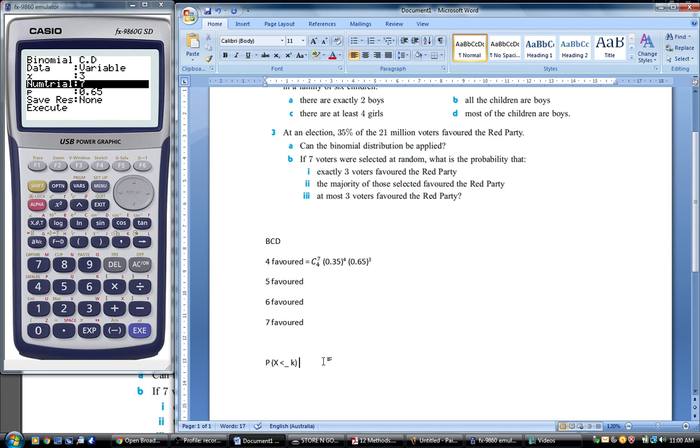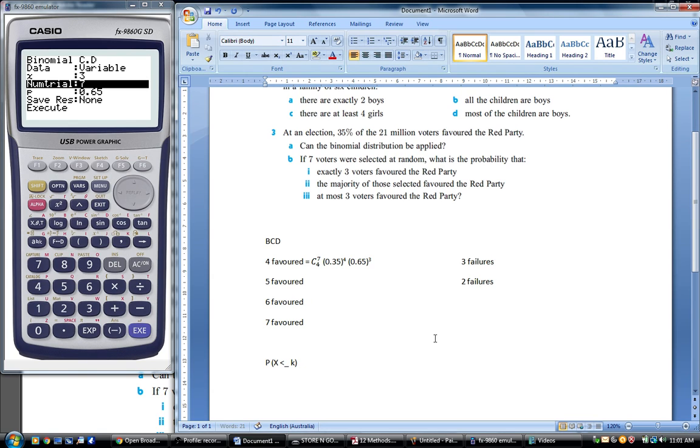We have 4 possible circumstances here. If there are 4 successes, that means there's going to be 3 failures. So we have the probability of there being 3 failures. If there's 5 successes, we have 2 failures.